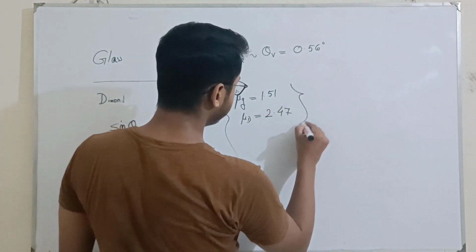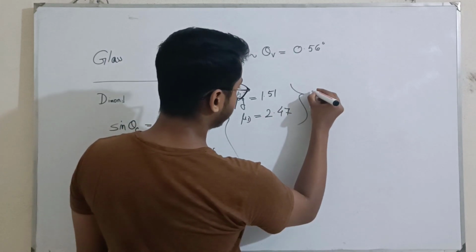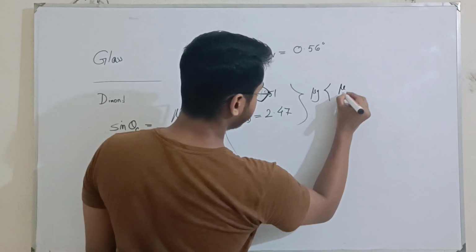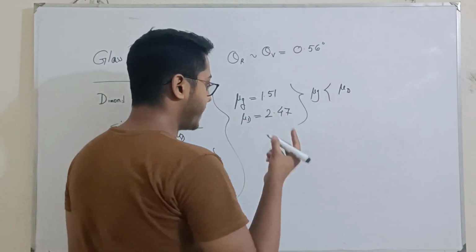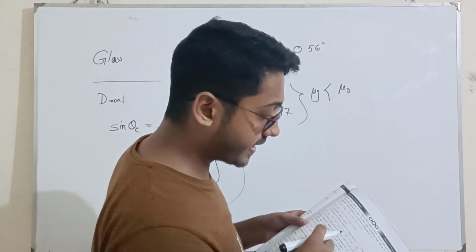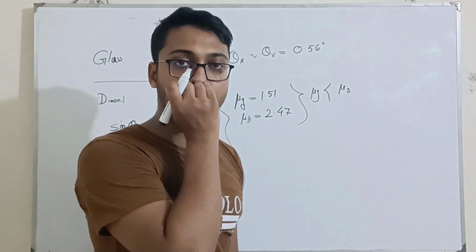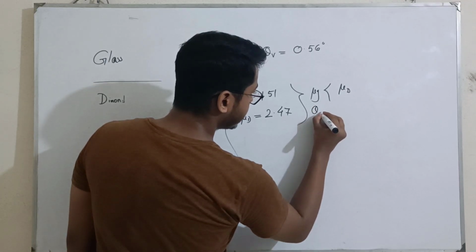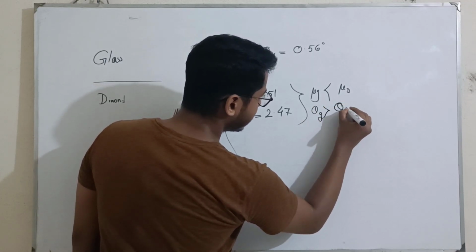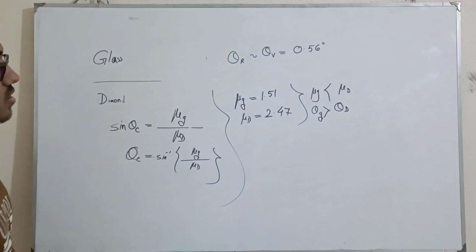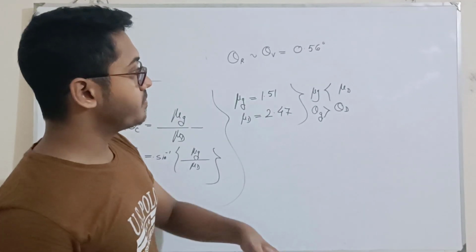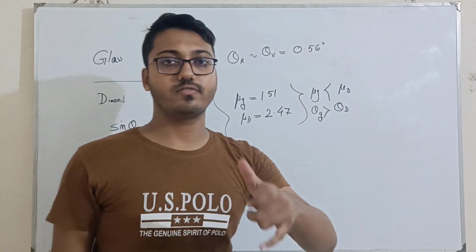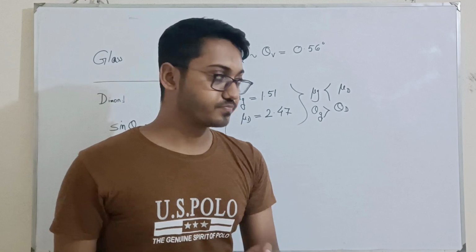So the refractive index of glass is less than the refractive index of diamond, but in the answer we also got the critical angle of glass is greater than the critical angle of diamond. That means theta G is greater than theta D.